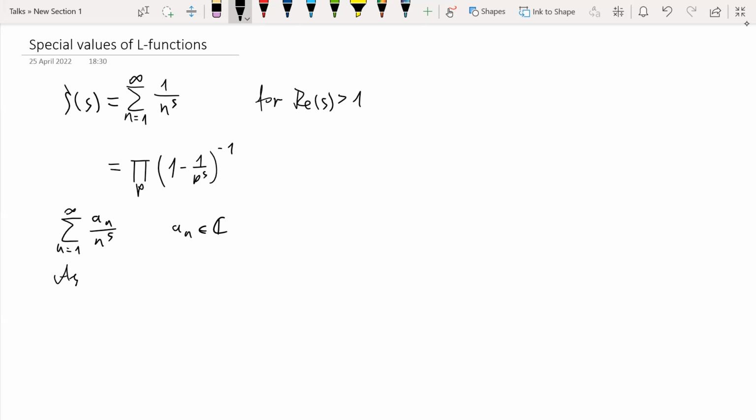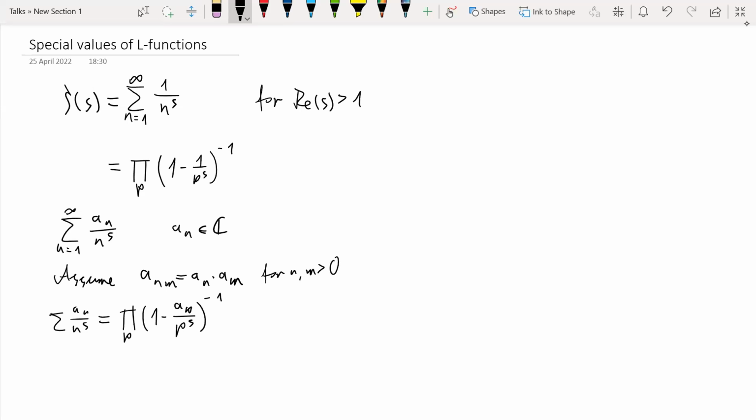So we assume that those coefficients a_n satisfy a_{nm} equal to a_n times a_m for all n and m. And in that case, we can write this sum of a_n over n to the s as a product over primes of (1 minus a_p over p to the s) to the power of minus 1. And you can show it in a similar way.